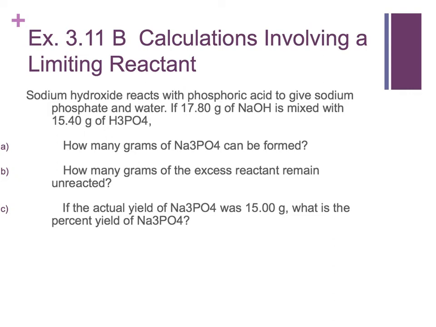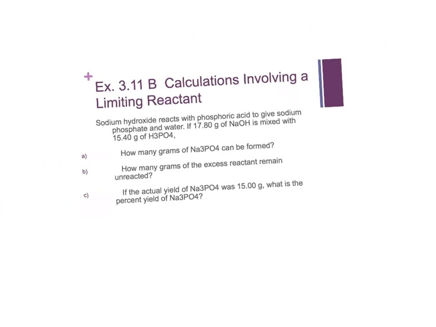Another way to solve that problem, if you're more comfortable with the stoichiometry, is to just do a couple stoichiometry problems. So you can answer them with 3 stoichiometry problems, but you need to know how to read them. Okay, so the very first problem is going to be, let's convert our sodium hydroxide. We've got 2 ingredients.